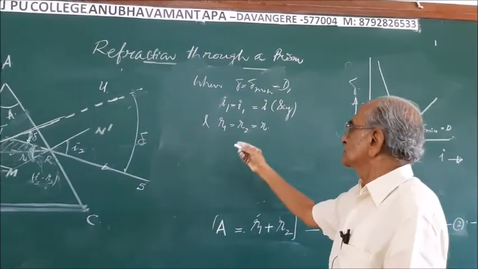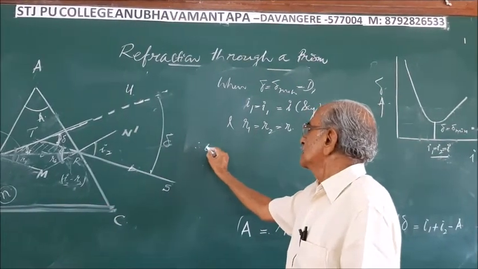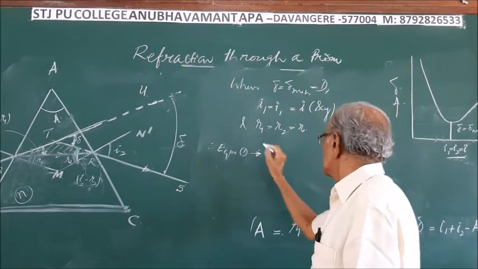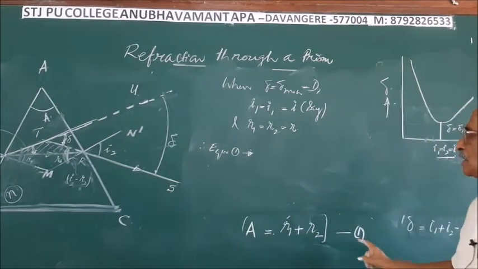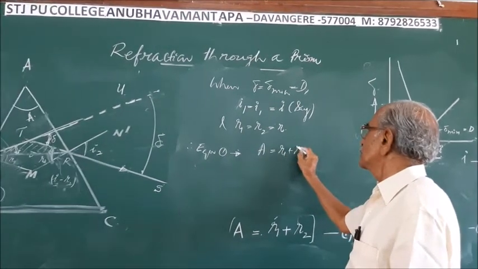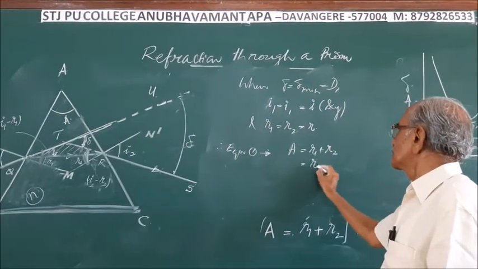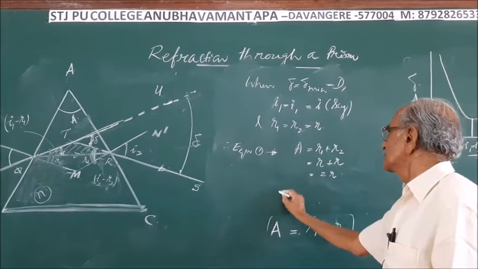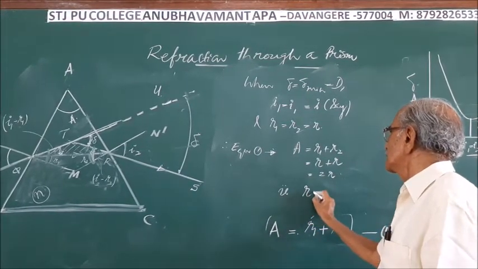Now, substituting in equation 1, A is R1 plus R2. That becomes R is A by 2.